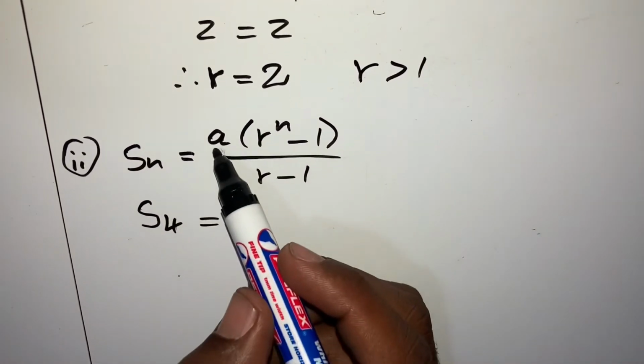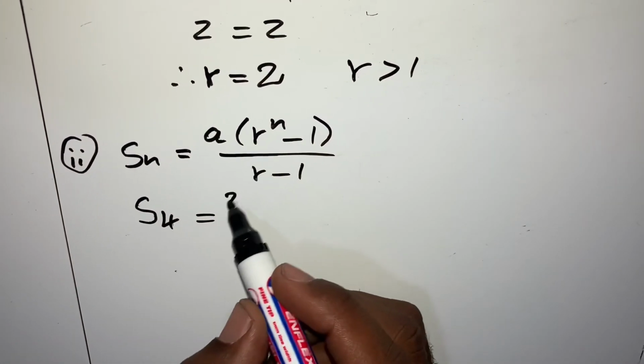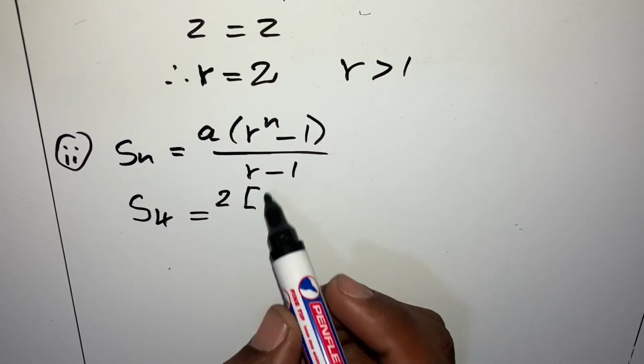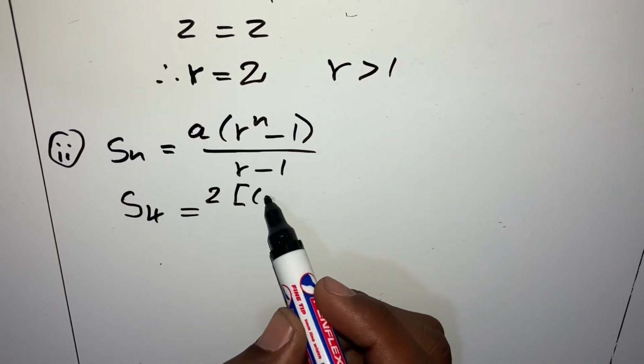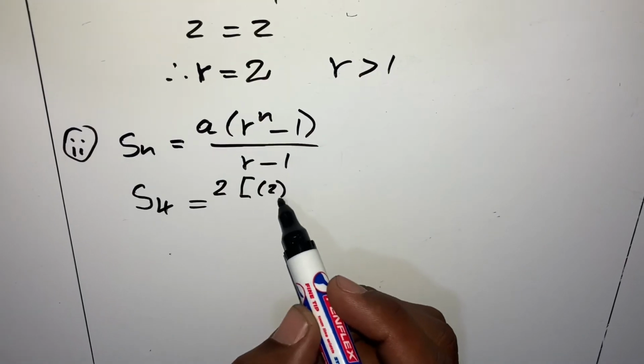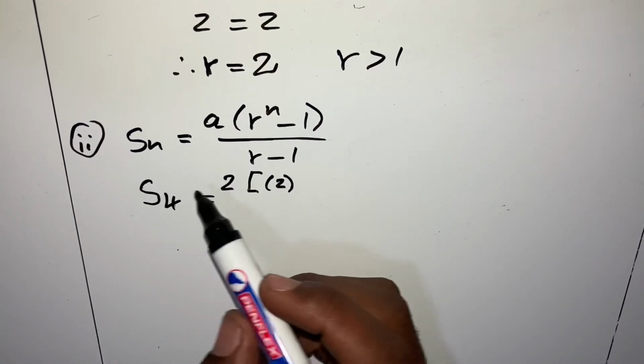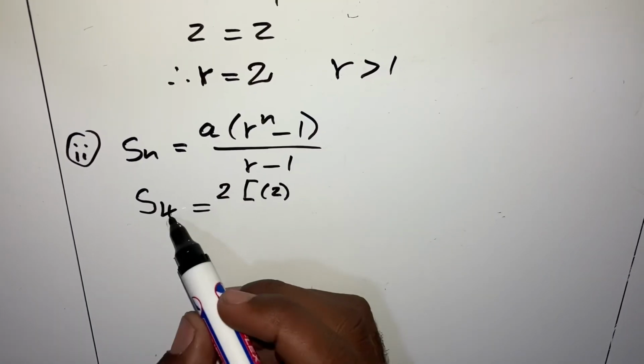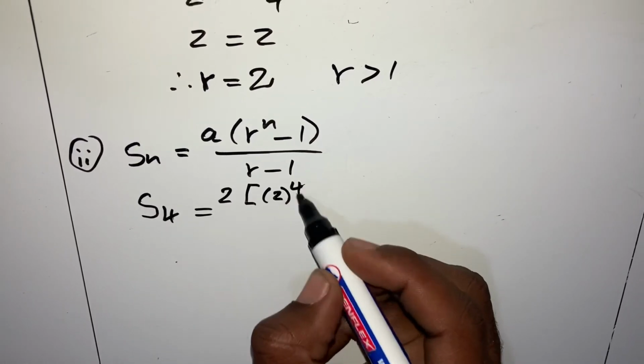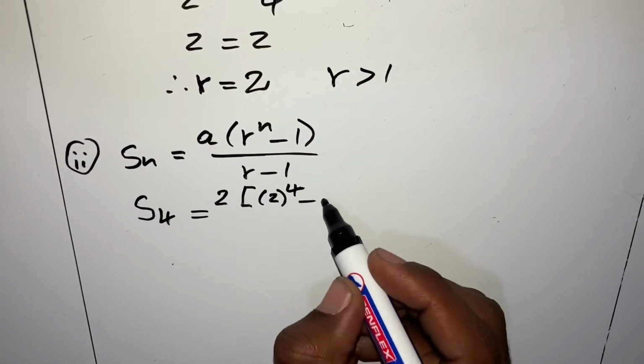A is our first term. Our first term is 2. Our R is 2. Our n is 4. Minus 1.